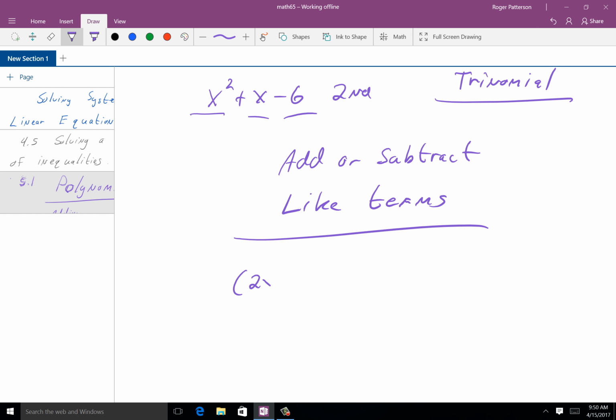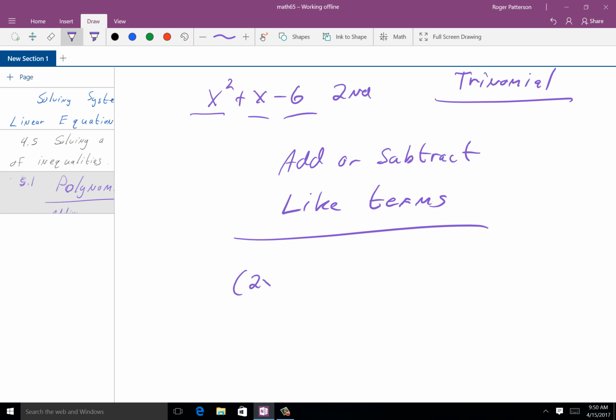What happens when you have, say, 9x squared plus 9x cubed? Did you say plus? Yeah. What happens there? Nothing. They're not like terms. The exponent makes them unlike.